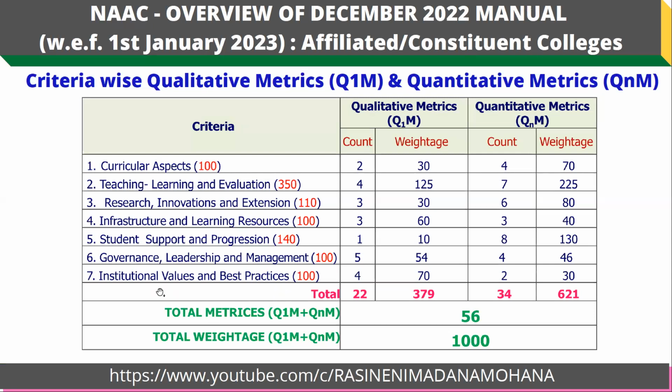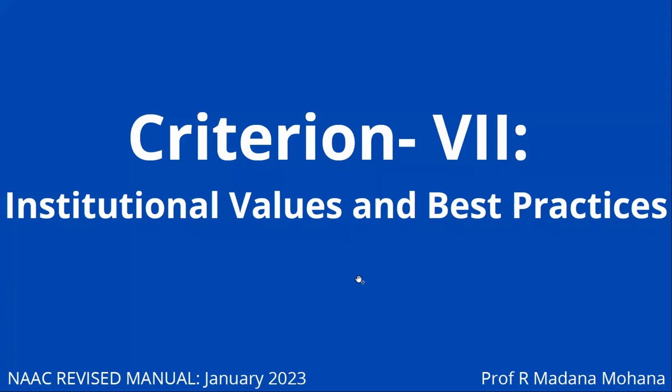Now, we are discussing Criterion 7, institutional values and best practices, which carries 100 weightage. For Criterion 7, we have 4 qualitative metrics with 70 weightage, then only 2 quantitative metrics with 30 weightage, total 70 plus 30, 100. Now, let us see all these one by one.